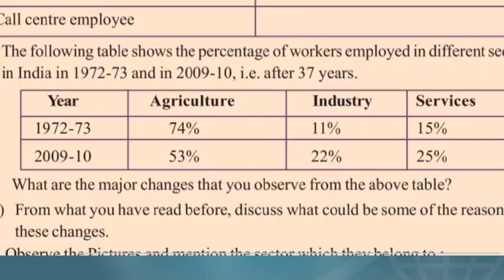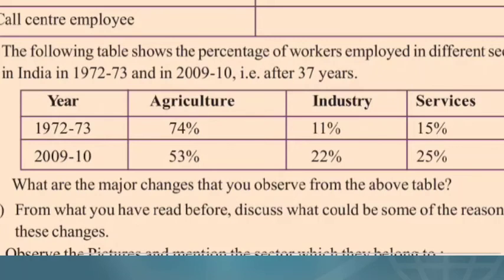Agriculture sector in 1972-73, how much percentage there? 74% of people are employed in agriculture sector. Similarly, in industries, 11% of people are engaged in industries or industries related work. 15% of workers in service sector.